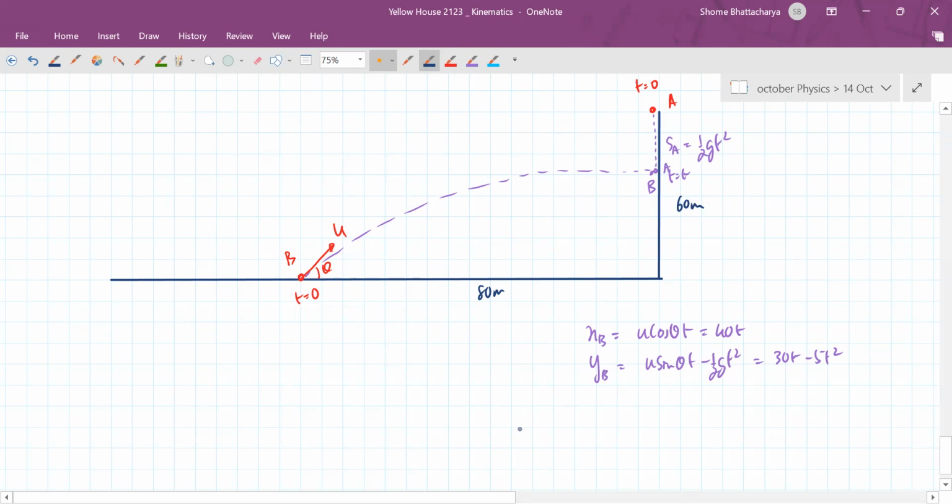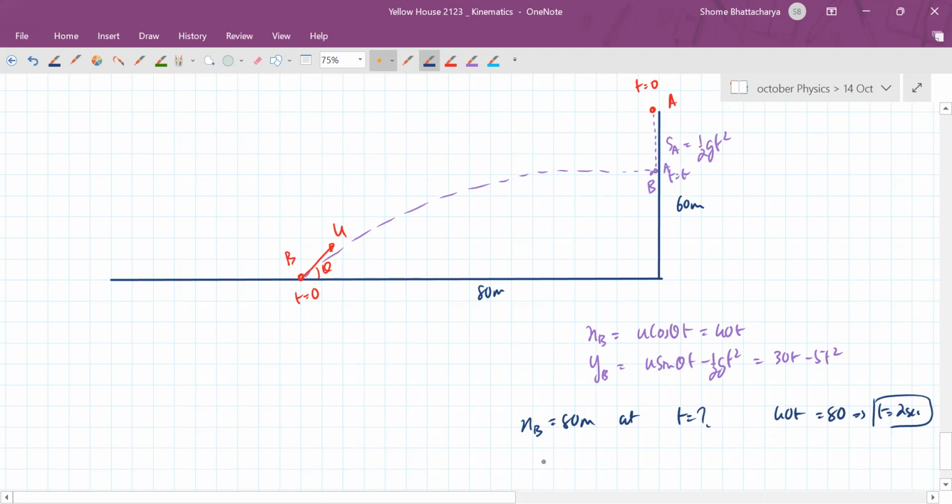So when they are colliding, xB is equal to 80 meters at t equal to how much time? So 40t should be equal to 80, so t is equal to 2 seconds.